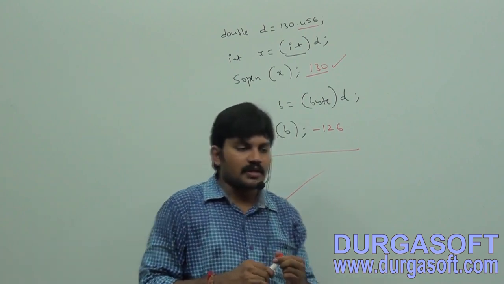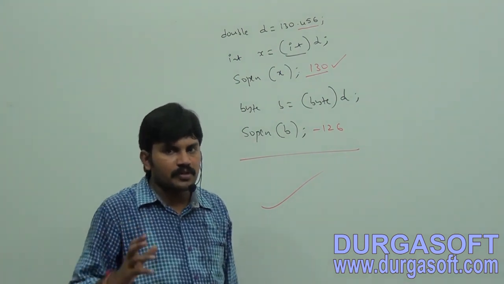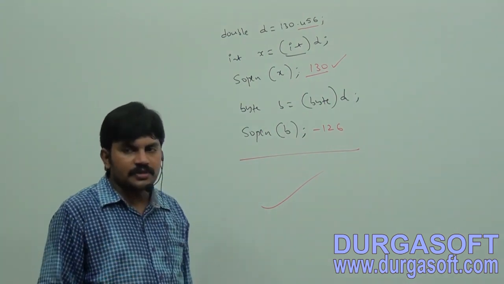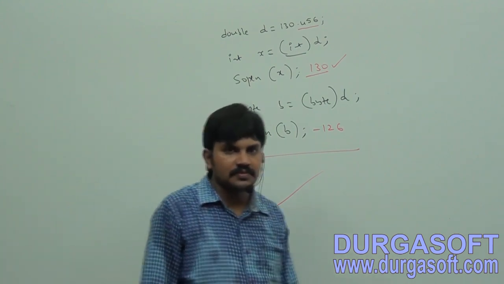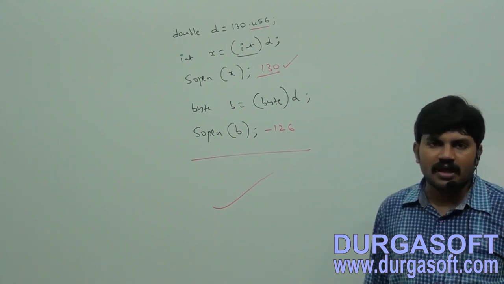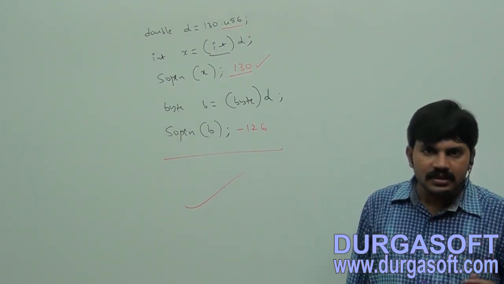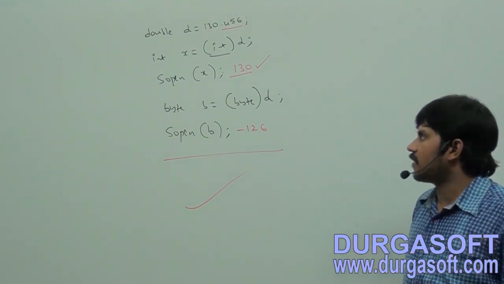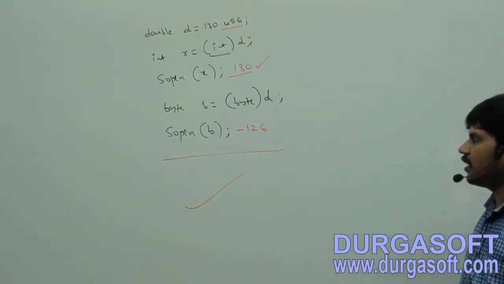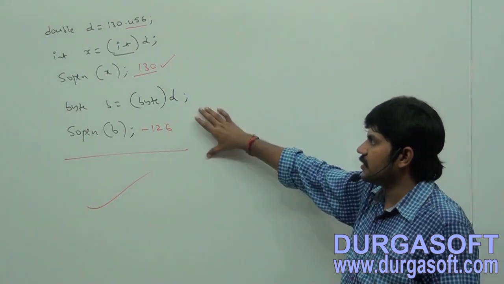Note the point: if we assign floating point values to the integral types by explicit typecasting, the digits after the decimal point will be lost. Okay, that's all.